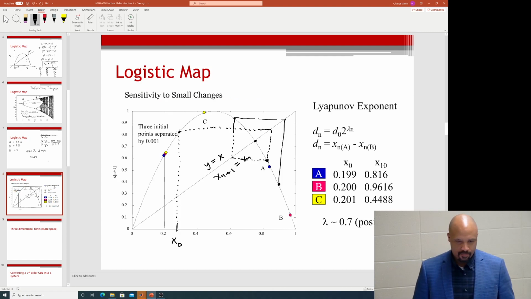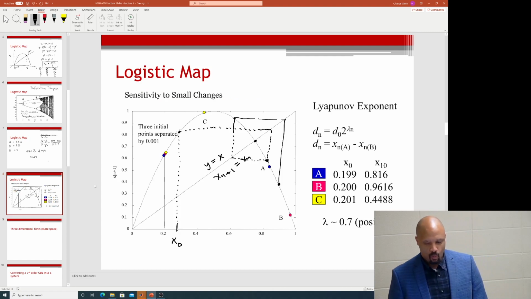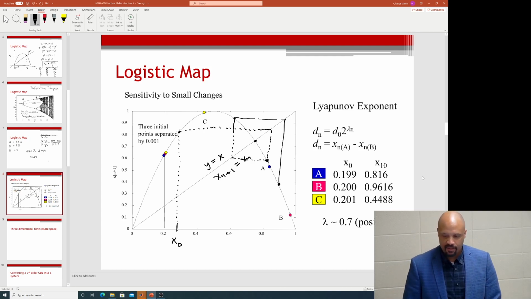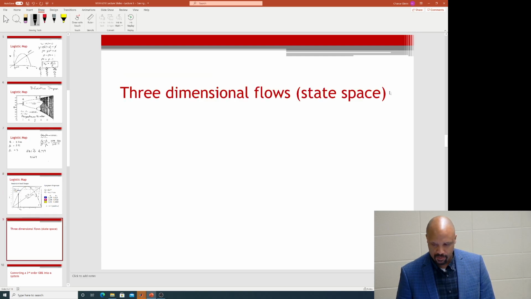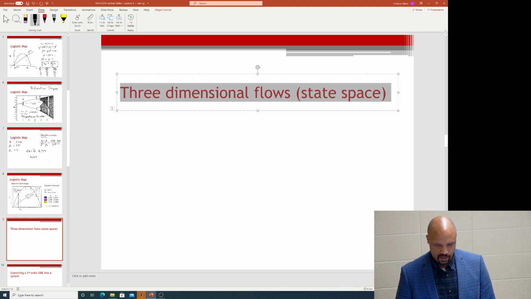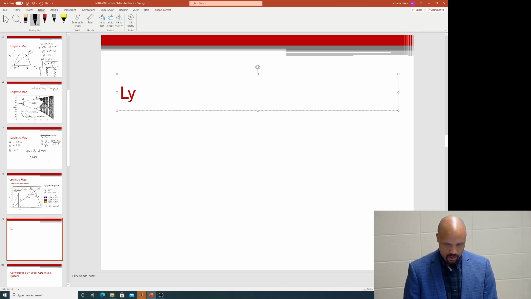I want to see if we can do a similar thing, but then we're going to use a time series to try to calculate the Lyapunov exponent. So let me just change this slide number, because I thought it was already changed.